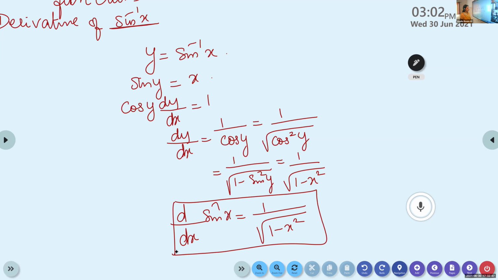Okay, d by dx of sine inverse of x is 1 by root of 1 minus x square. So note the homework question.